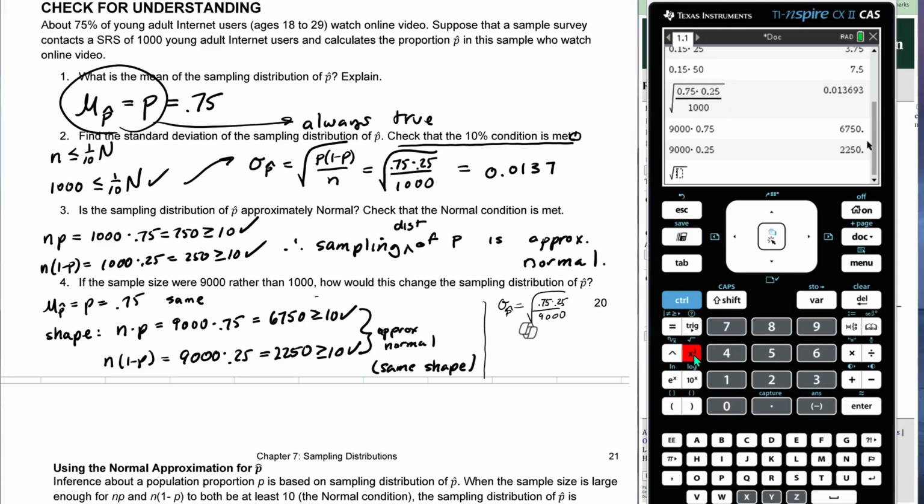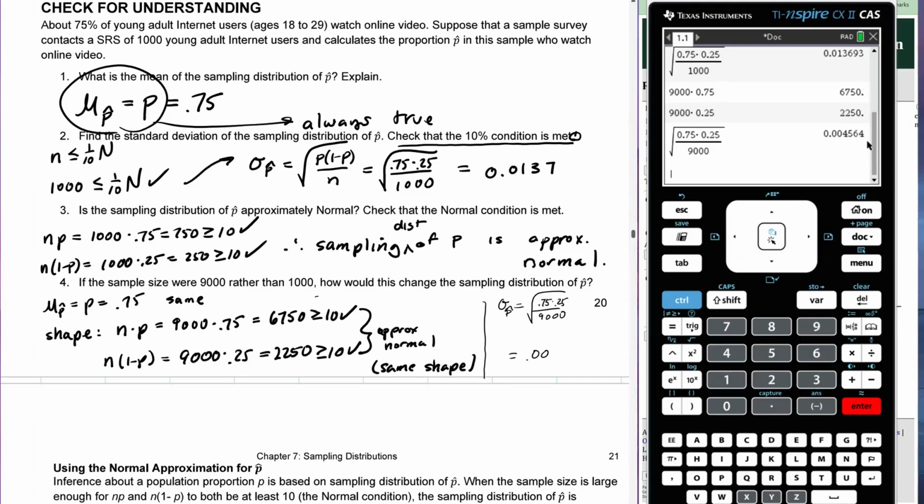So control square root, and we'll control division to get us the fraction, 0.75 times 0.25 all over 9,000 gets us a standard deviation of 0.00456.